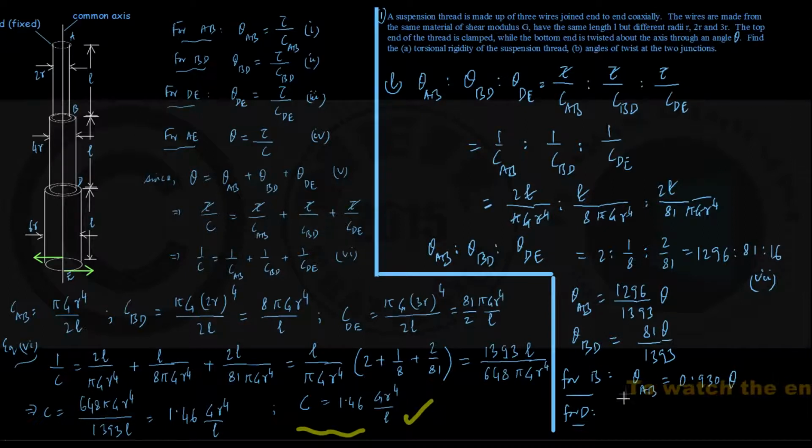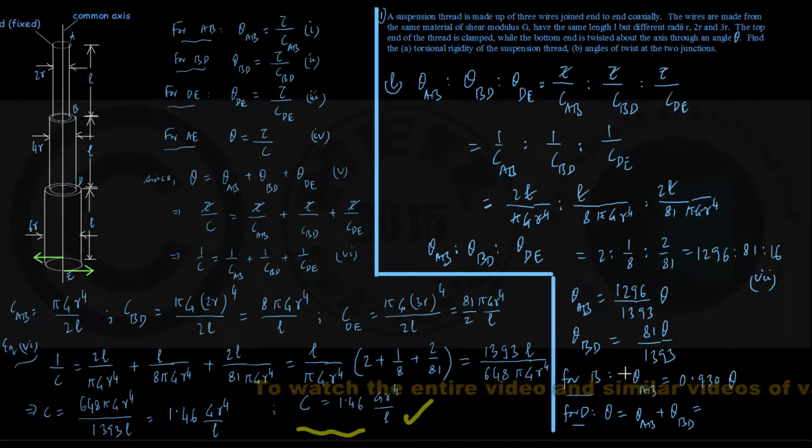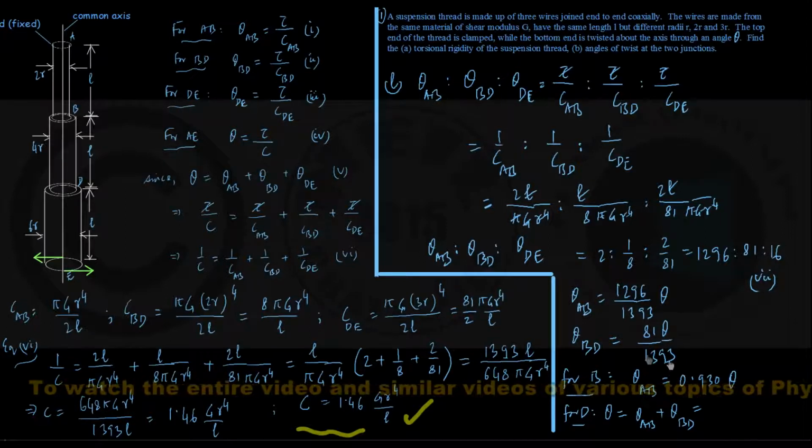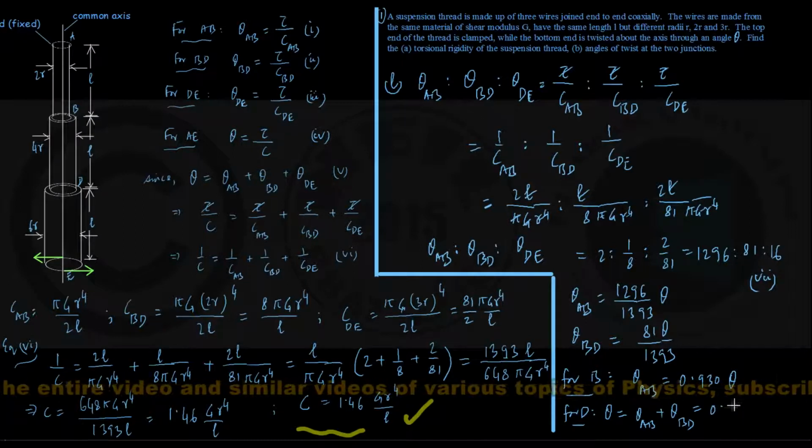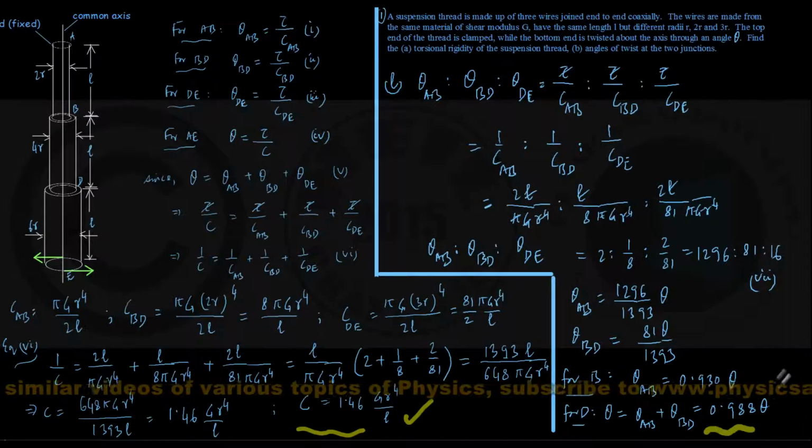Therefore, point D, the angle of twist is coming out to be theta AB plus theta BD, and that is, of course, you have already got the values 1296 theta by 1393 and 81 theta by 1393. Add them up and show this is coming out to be about 0.988 theta.